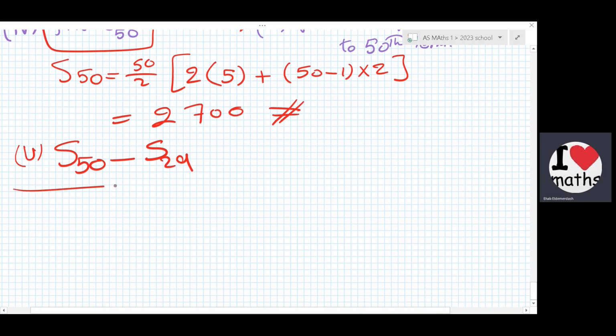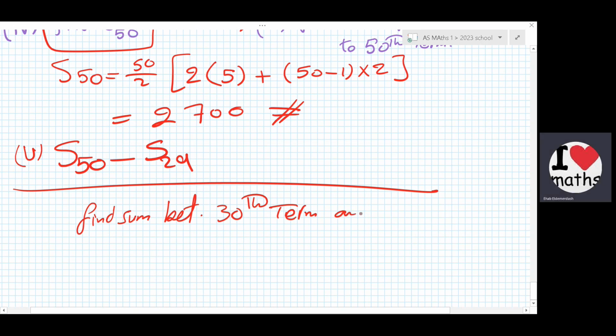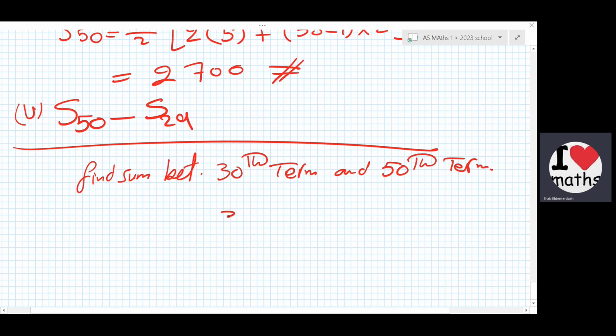Look again. For example, just use your brain. If I ask you to find the sum between the 30th term and the 50th term, what does that mean, Mohamed? It means I have to start from the 31st term plus all the rest until I get the 49th term.